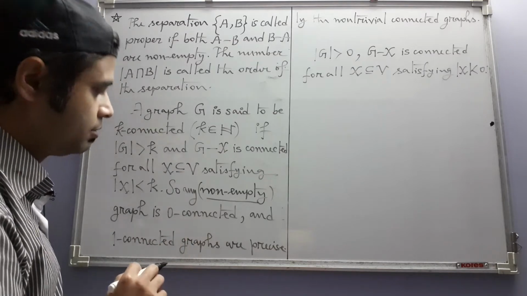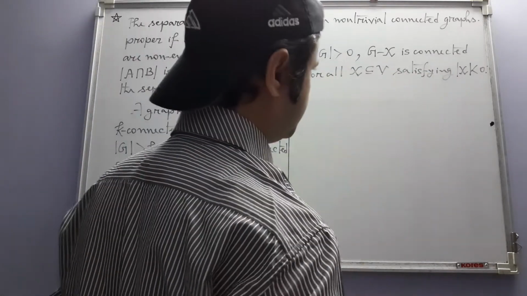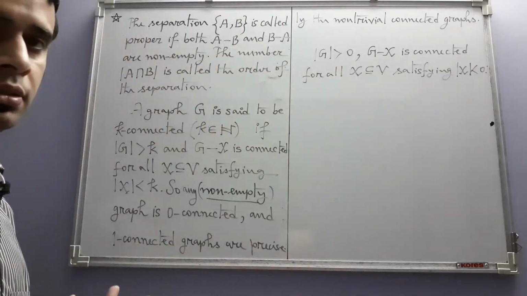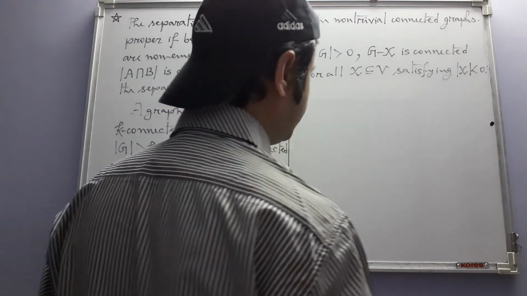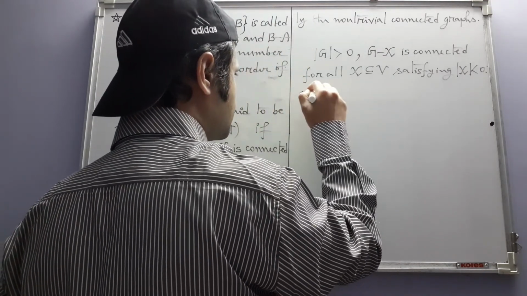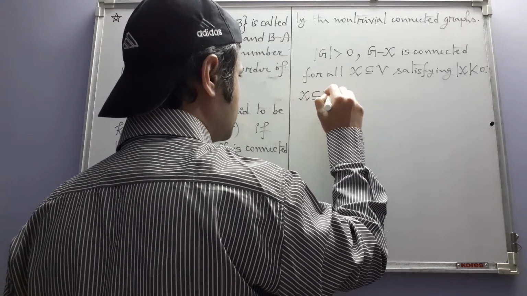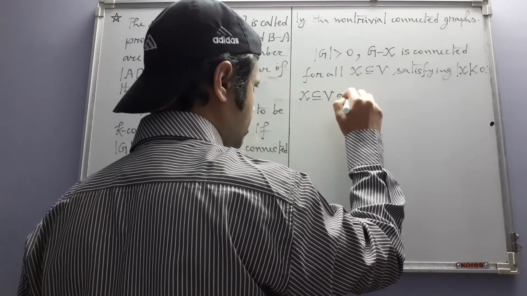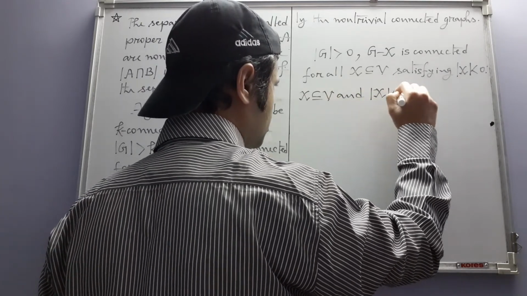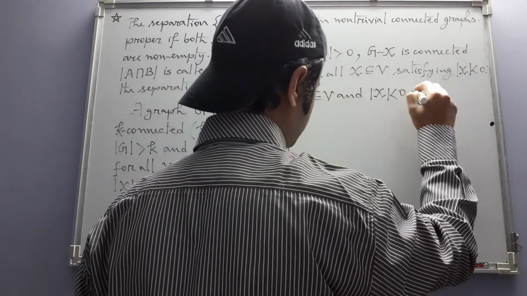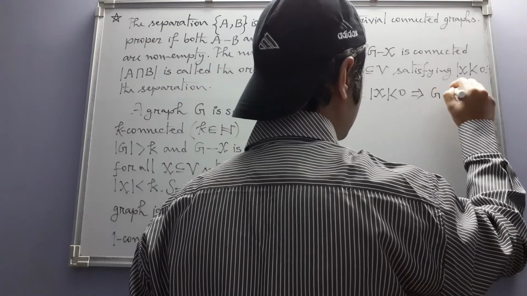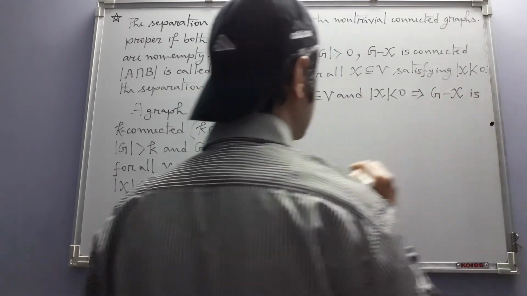And what about this second condition? It can also be written in another manner as an implication. X is a subset of V, the vertex set of the graph, and X has less than 0 vertices implies G minus X is connected.